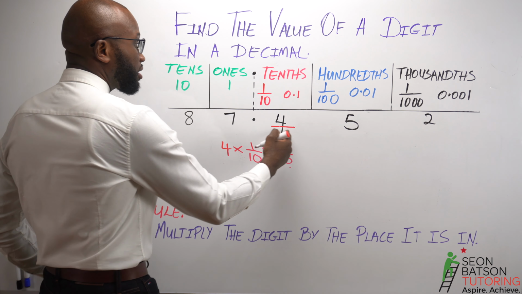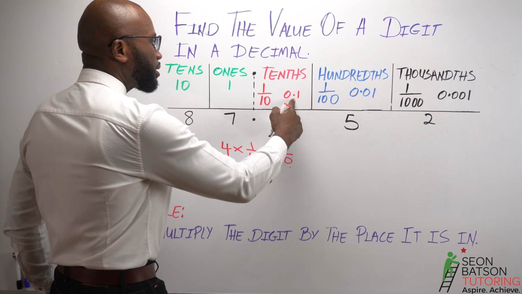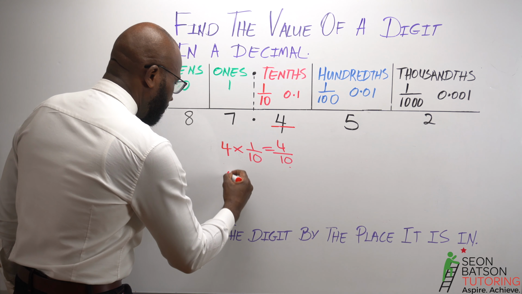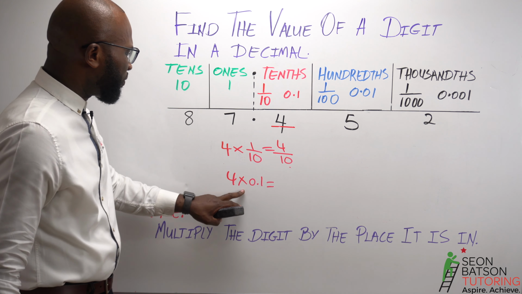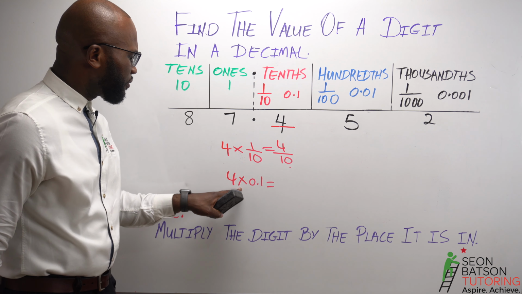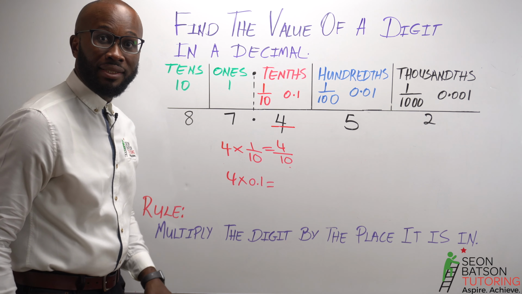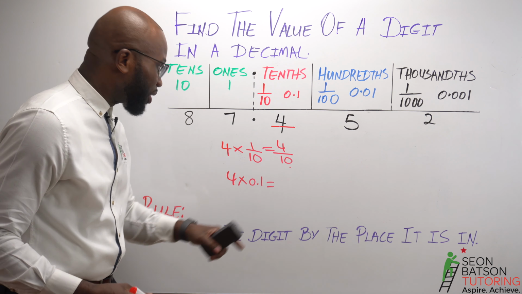To write the value of this 4 as a decimal, we will simply multiply the 4 by 0.1. Again, how can we find the value of 4 times 0.1? What does 4 times 0.1 equal?